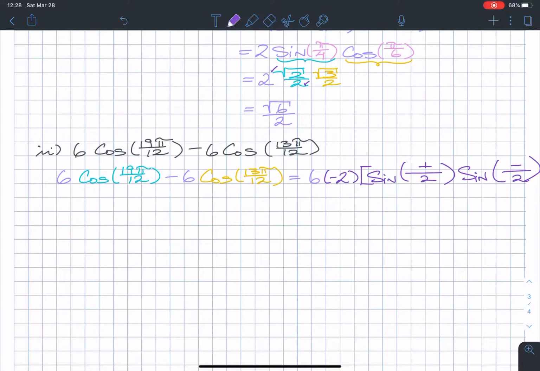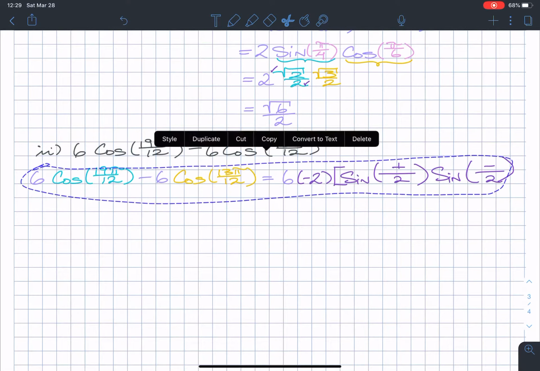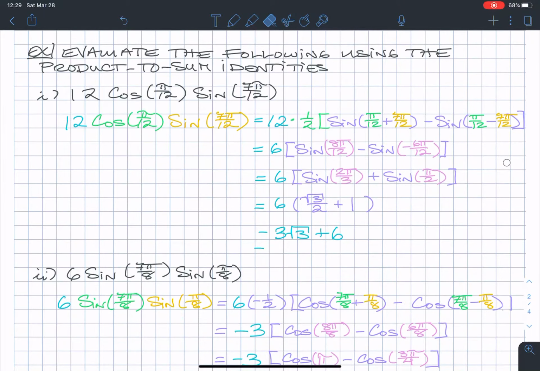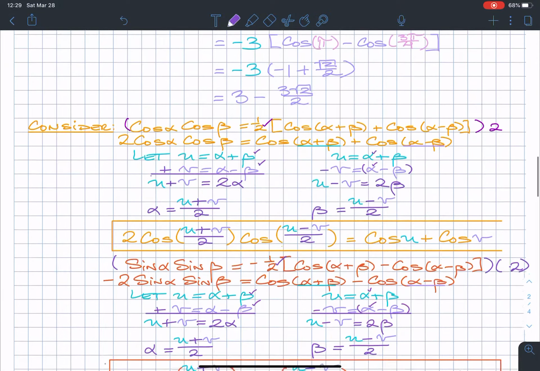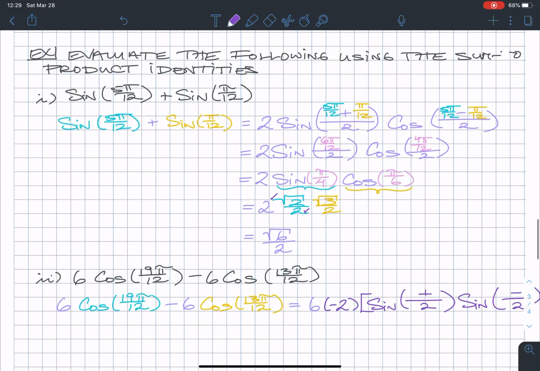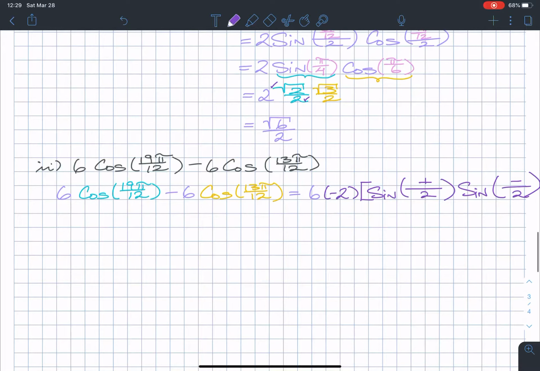Looks like I'm running out of space, so let me move this over. Oh boy, what just happened? What's going on? Where was I? Why did it undo it?